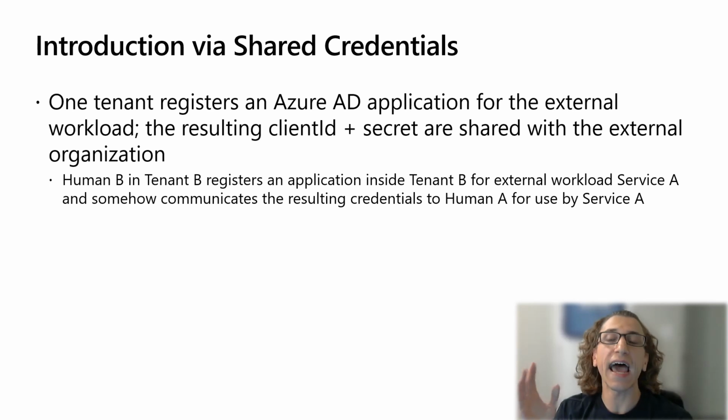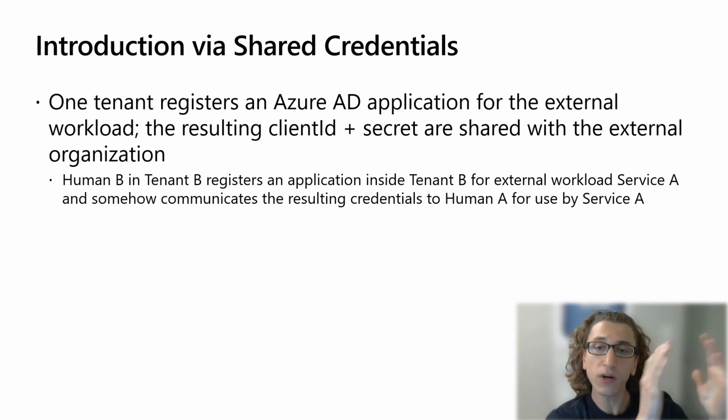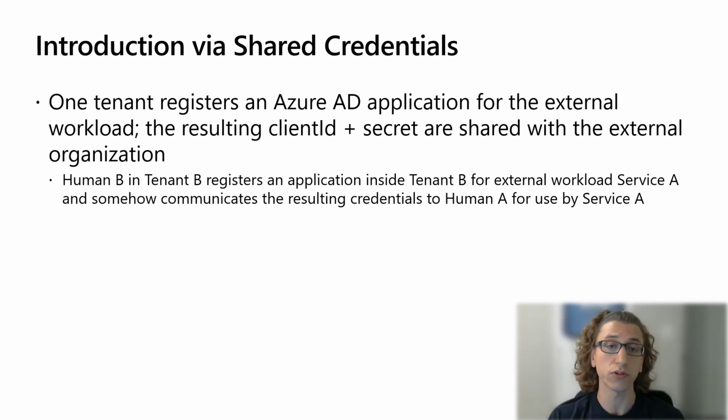And when we register that app, it's going to have an application ID and an application password, also known as a client secret, associated with it. And those credentials could then be communicated out of band to someone in the external tenant who can configure that external workload to use those credentials. Now, I know that was a lot of words, and it's probably easier if we visualize it and talk through the flow.